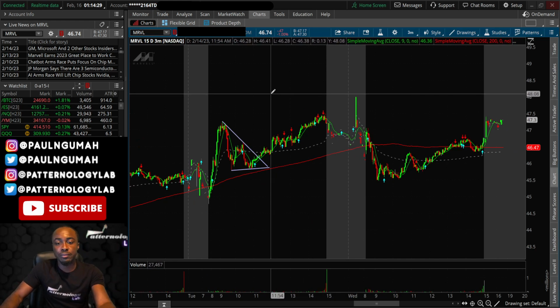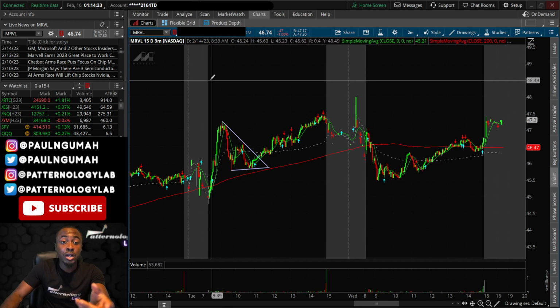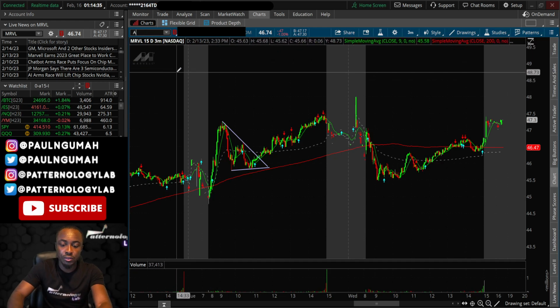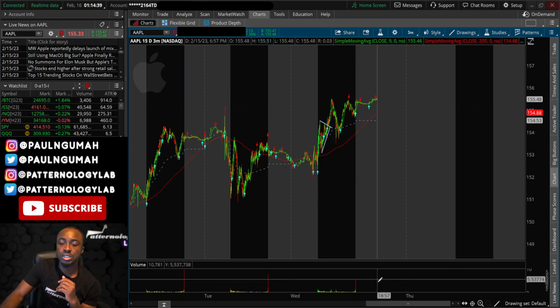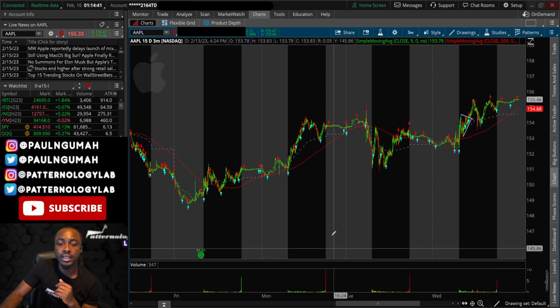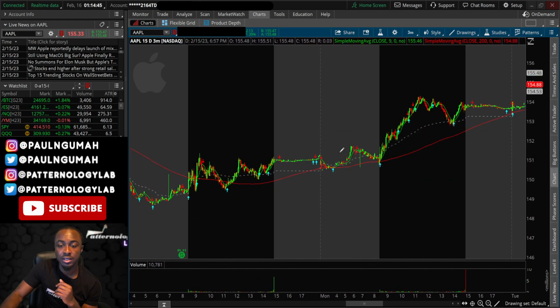Another example to show y'all how prevalent the bullish pennant is. We're gonna go back to Apple itself from Friday. All right, and this is actually a trade that we took on Friday going into Monday. On Friday there is a bullish pennant which we took for a swing for the weekend.